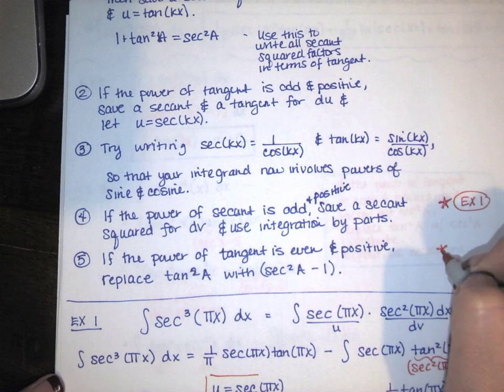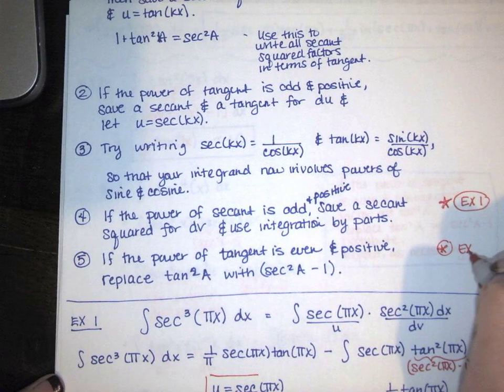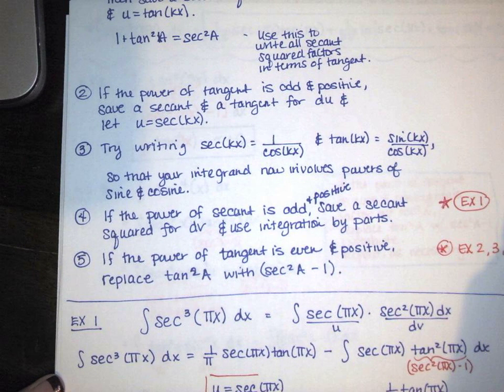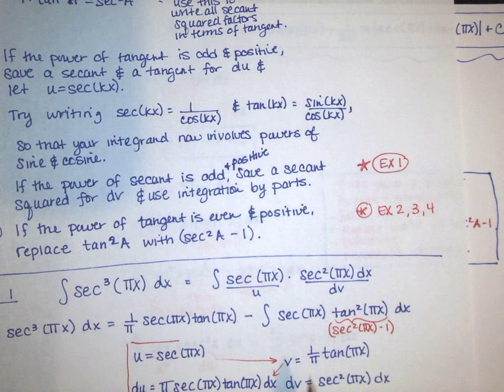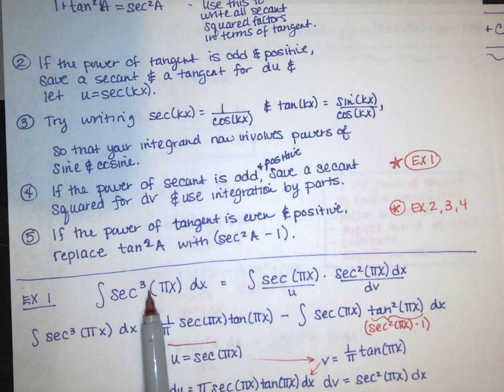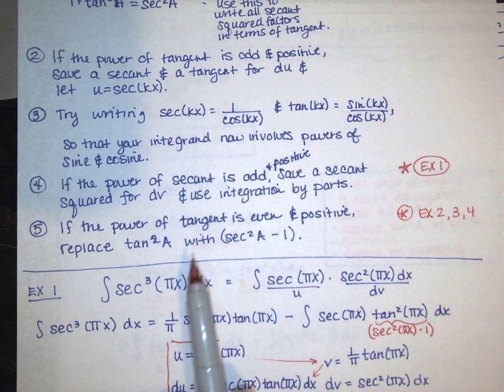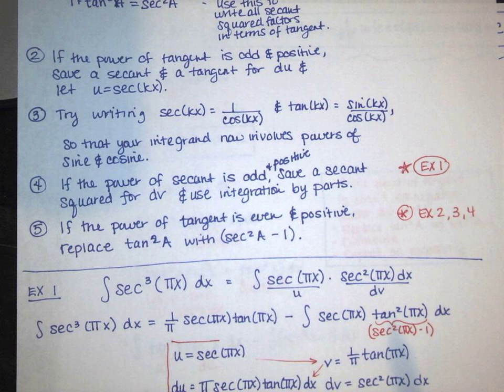That was examples 2, 3, and 4. We did tangent squared, tangent to the fourth, and tangent to the sixth. And for example 1, we did the integral of secant cubed. The integral of secant to the fifth is similar. It's just longer. So I'm not going to do that in this video.